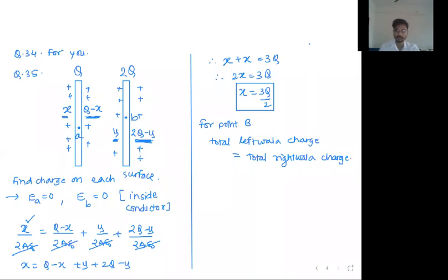Q by 2. Everyone tell me. One answer came. Everyone fast. B जो है point. For that point B, check what is the left wala charge.